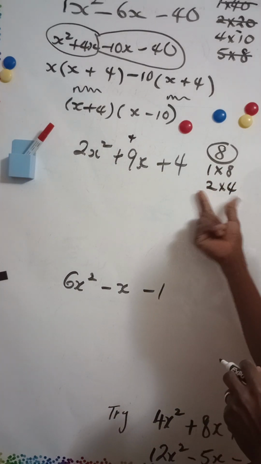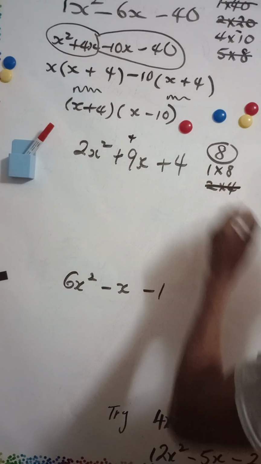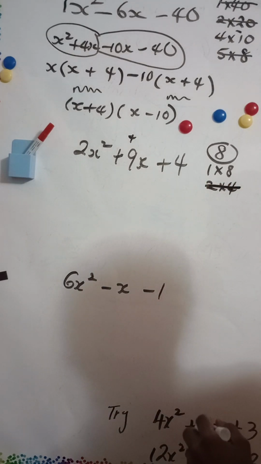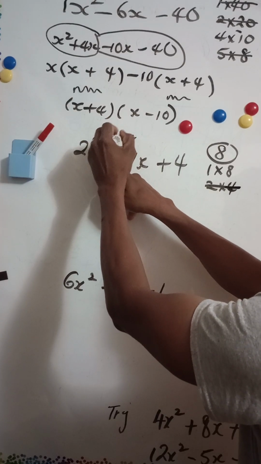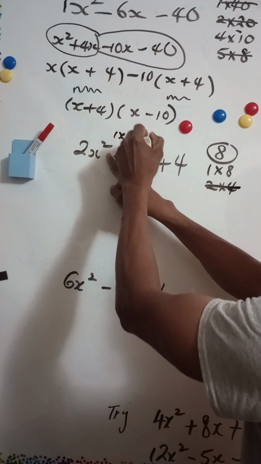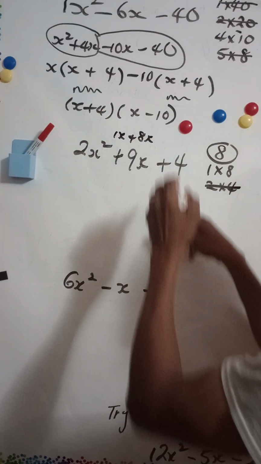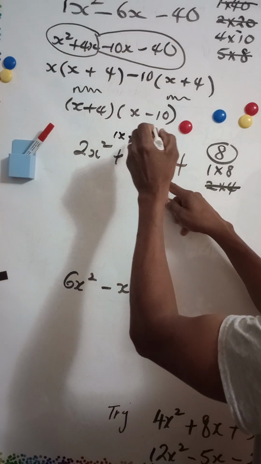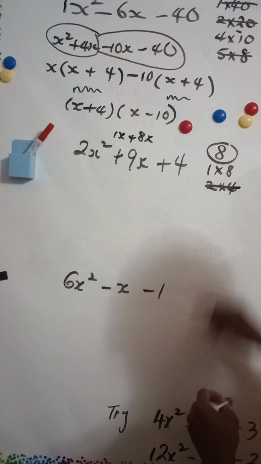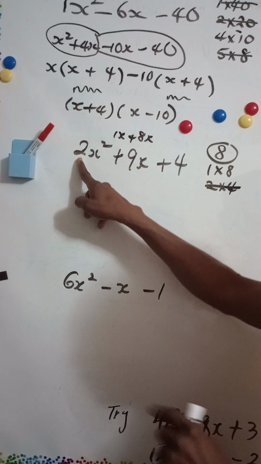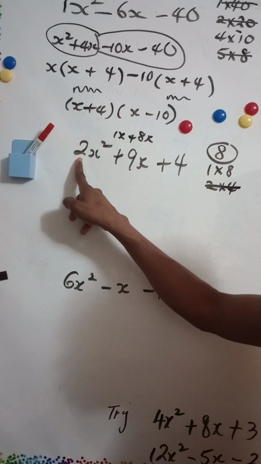If we try to add 2 and 4, you will not get 9. So it means that 1 and 8 would be the pair that we're going to be working with. For some folks, I'm going to write 1x plus 8x, or 1 plus 8 is 9, and we have 1 times 8. So please note that, right? It kind of focuses on 8 because of this coefficient of x squared being more than 1.